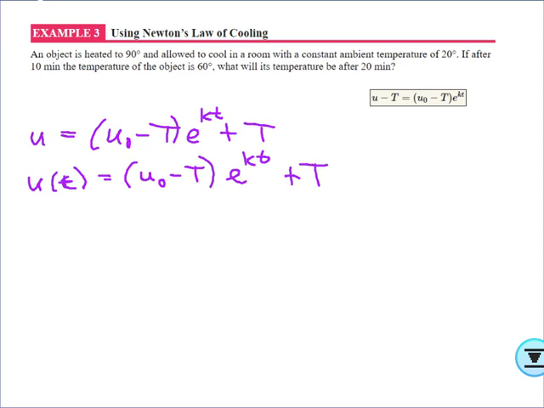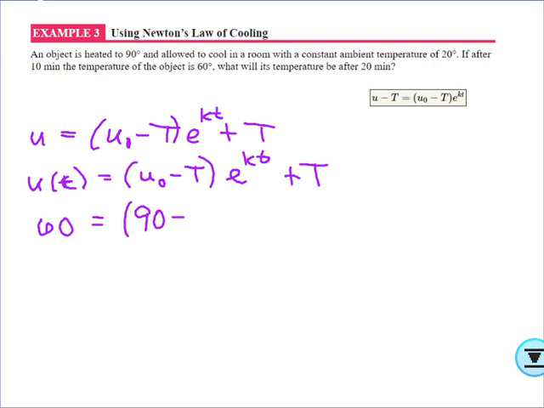So the T that's inside, well, actually, they give us enough information up here that we can just plug stuff in, okay? So my u of t is 60 because they're saying that if after 10 minutes the temperature of the object is 60, then I know that this is 60. Then my initial temperature is 90.